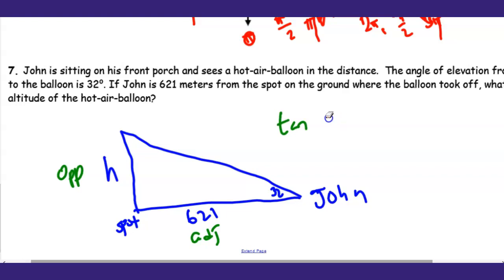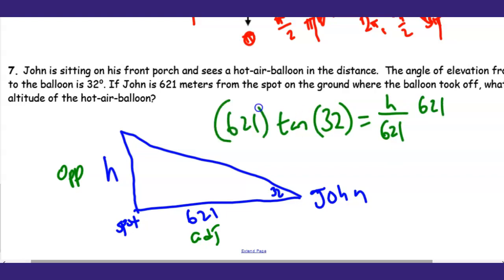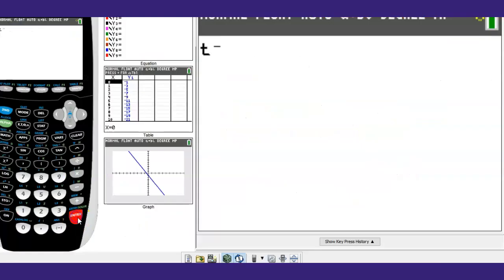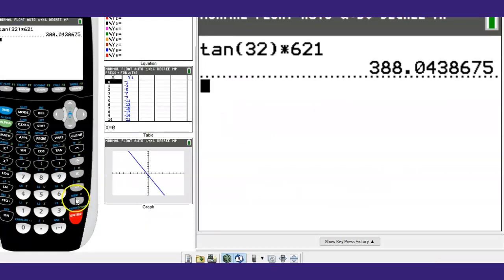Yeah, tangent of theta, which is 32, equals opposite over adjacent. So now we just solve for h. So we multiply by 621 on both sides, right? So we punch that in. So 388 feet, 0.04.